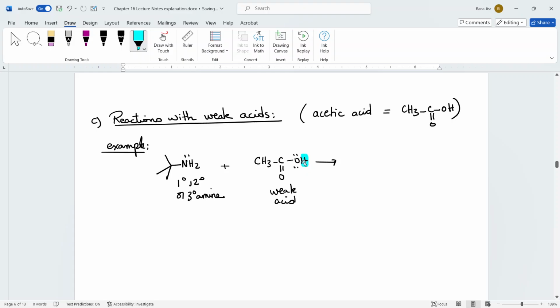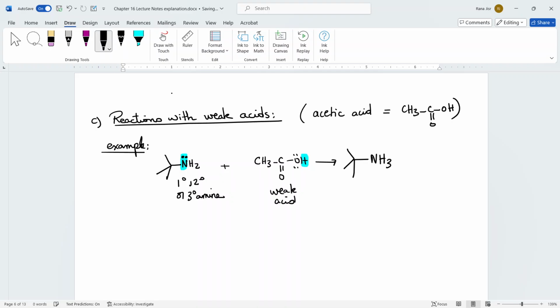So this is why I chose the hydrogen that is connected to the oxygen, which is more electronegative than the carbon. So this is my acidic hydrogen for the acetic acid. And now I'm going to go ahead and locate my basic part. The basic part here is the one that has a lone pair, so it's the nitrogen. Same idea, same rule, that the bases are going to take the acidic hydrogen.